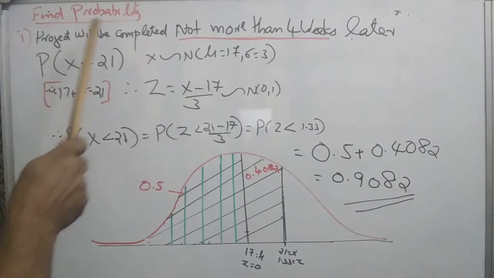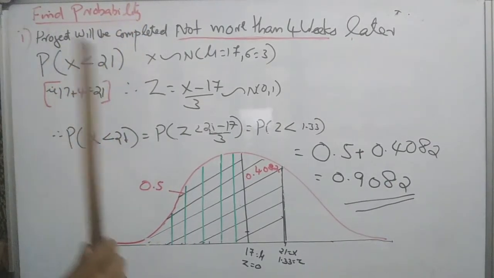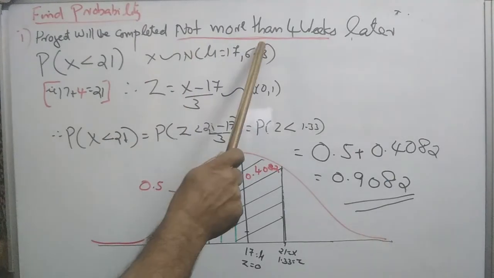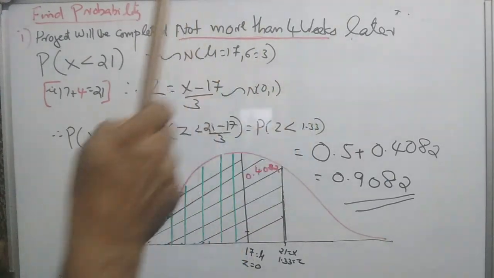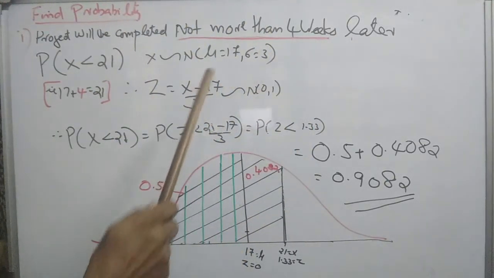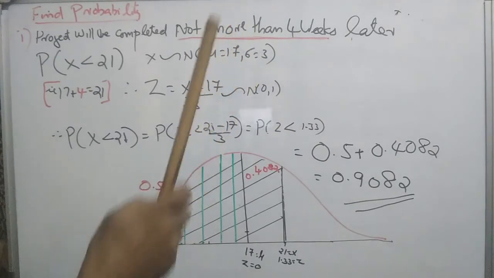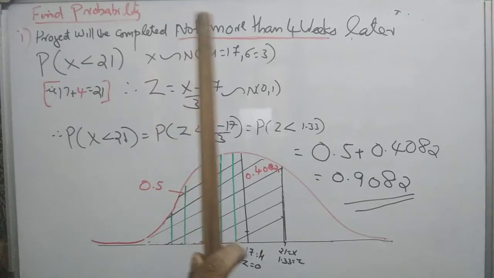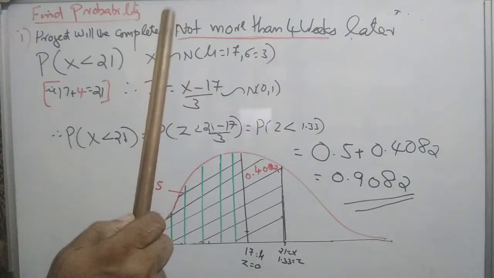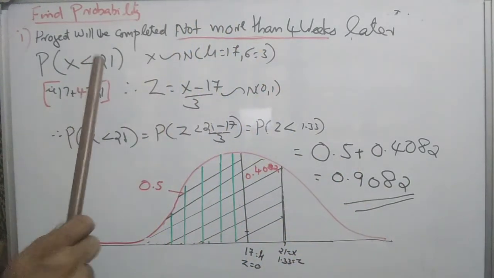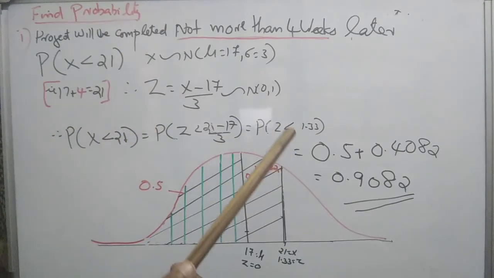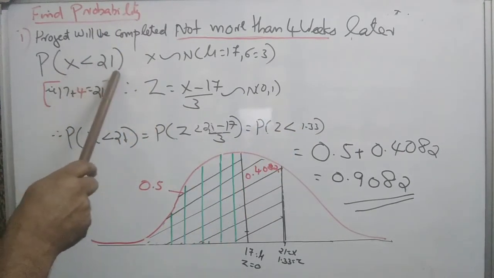Then find the probability that the project will be completed not more than 4 weeks later than the expected time. The expected time is 17 weeks. Standard deviation is 3. Therefore, not more than 4 weeks later: 17 plus 4, 21. Not more than 21 weeks. That is, X is less than 21.